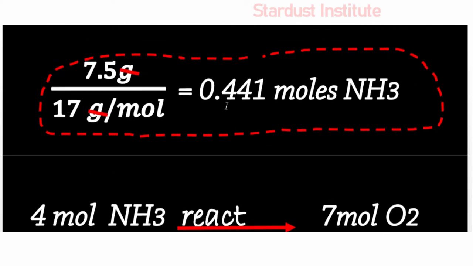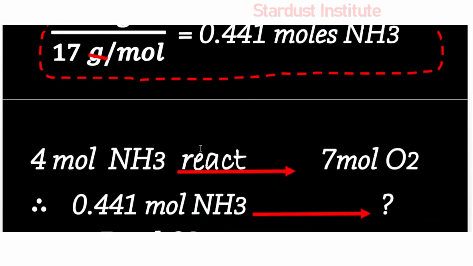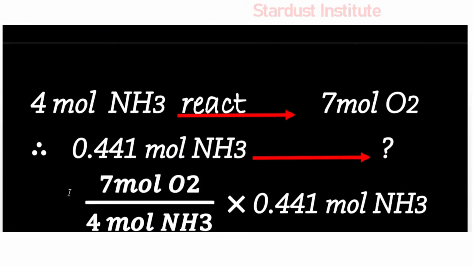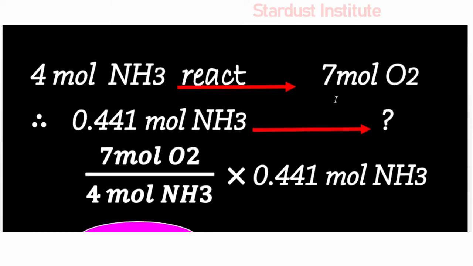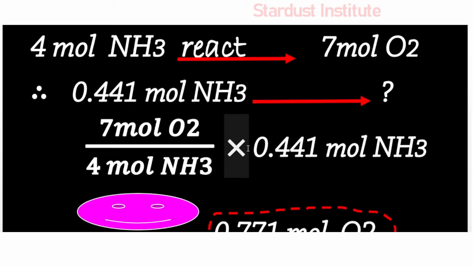Now we have 0.441 moles of ammonia. Now we need to find, to react with 0.441 moles of ammonia, how many moles of oxygen are needed. We can find it in this way. 7 moles of O2 divided by 4 moles of ammonia multiplied by 0.441 moles of ammonia.